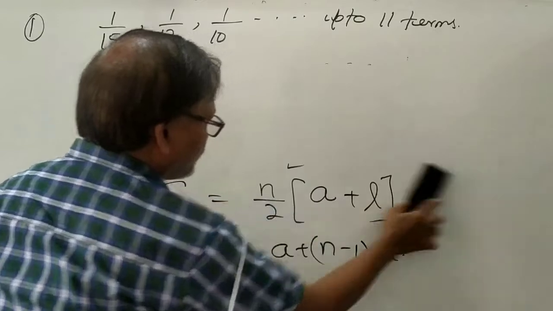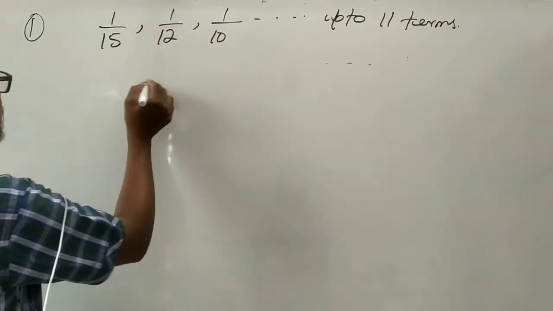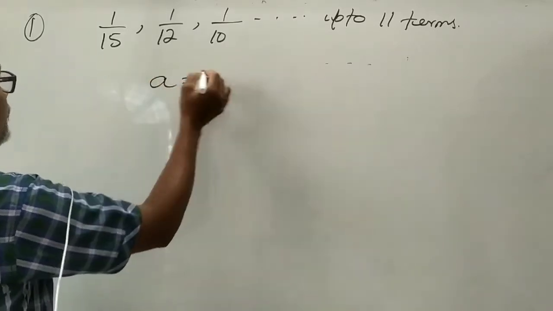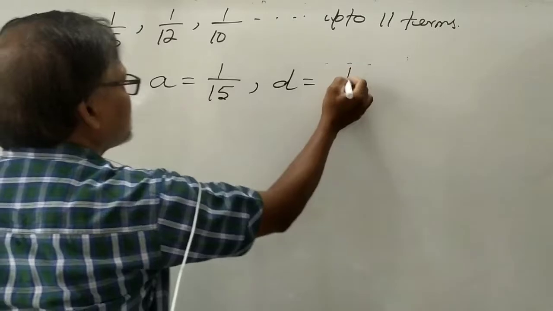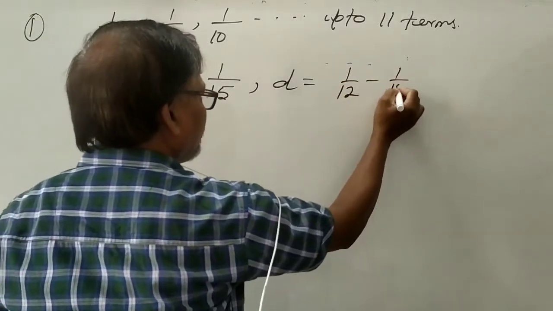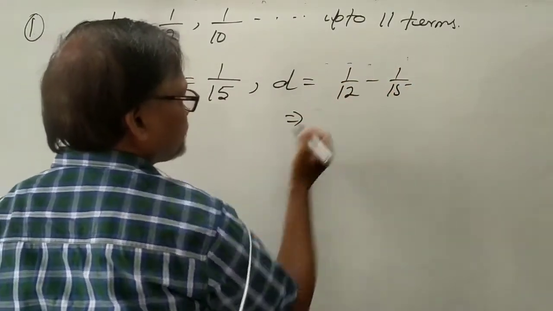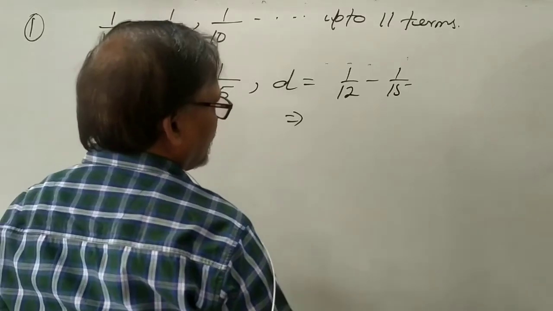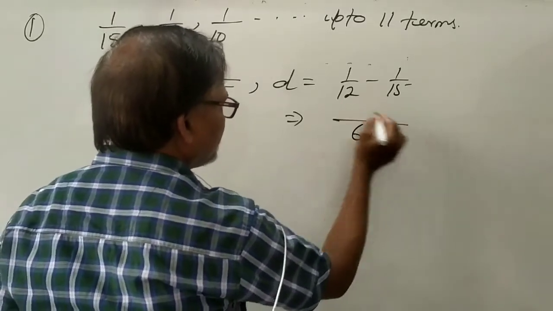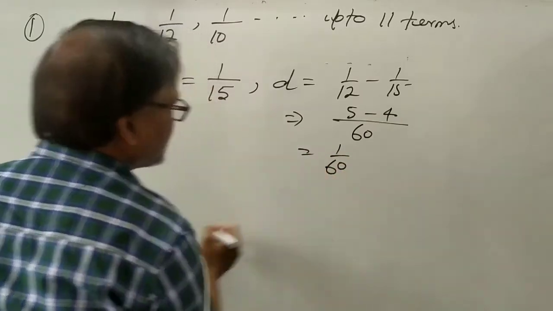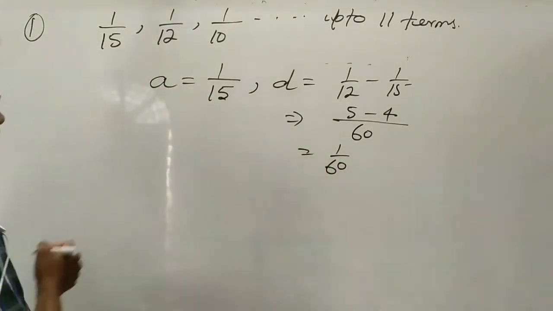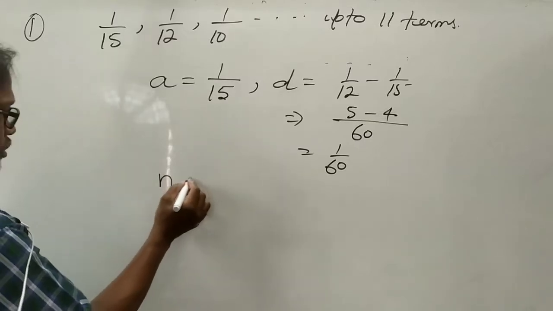Directly you will use the formula Sn is equal to. So first, the first term is 1 by 15. Then the common difference is 1 by 12 minus 1 by 15. The LCM is 60. 5 minus 4 means 1 by 60. This is the common difference, and n is equal to 11.